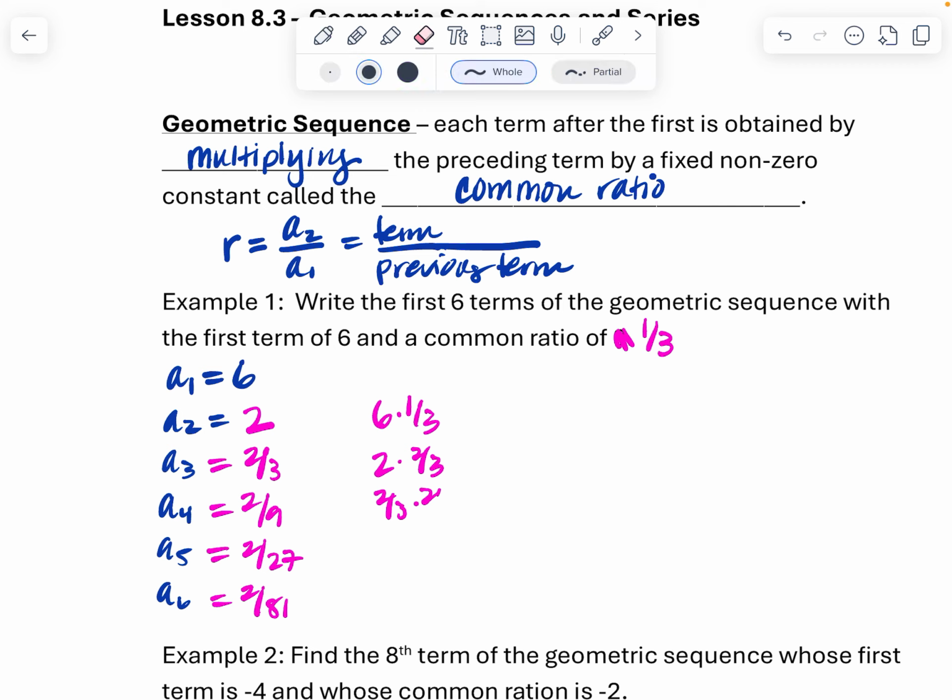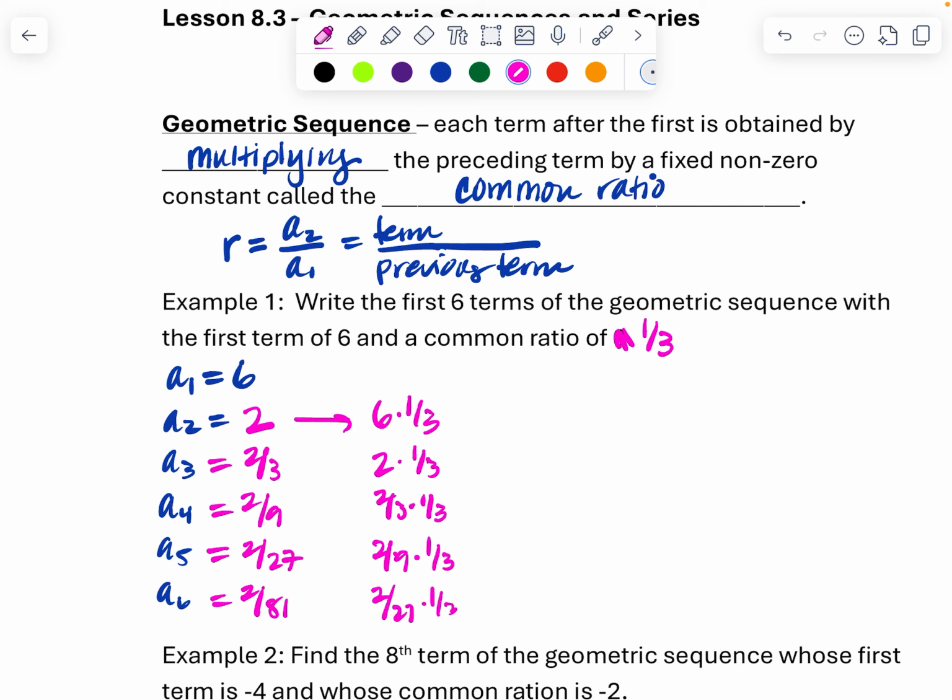Whoops, let me back up. This would be the previous term times 1/3, the previous term times 1/3, the previous term times 1/3, and the previous term times 1/3. Okay. Very straightforward.